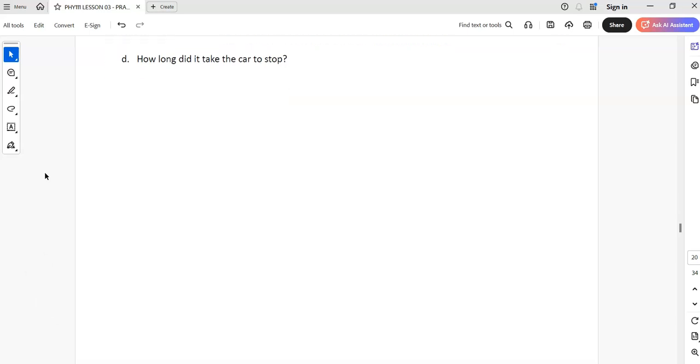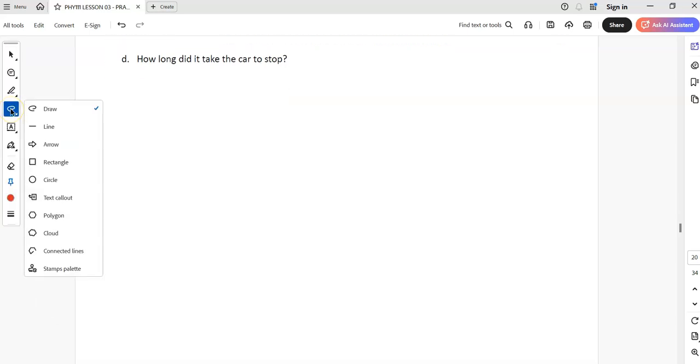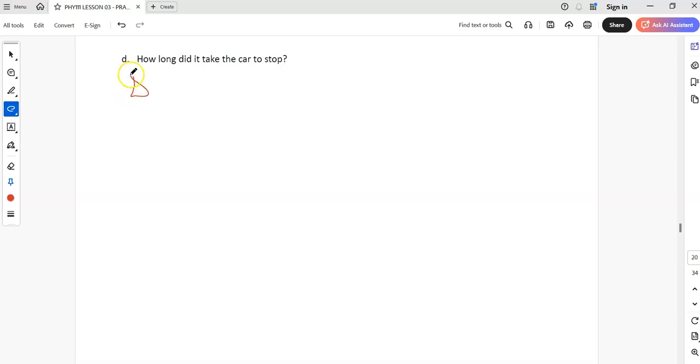So Formula 1 states that our displacement, which we know is positive 90 meters, we just calculated that, equals 1/2 VI plus VF times our change in time. And time is the thing we don't know.